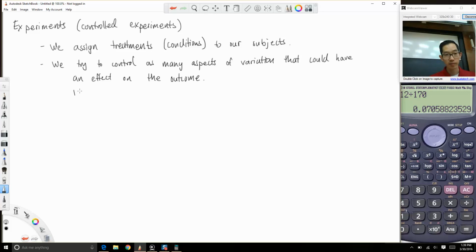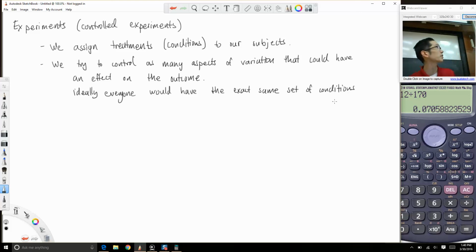Ideally, everyone would have the exact same set of conditions, with the exception of the variable or treatment of interest.